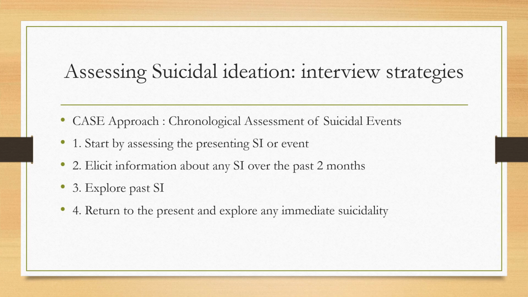Explore past suicidal ideation. And then return back to the present and explore any immediate suicidality. That is called the chronological assessment of suicidal events. So start by today, then ask about the last few months, the last 2 months, then ask about the past suicidal ideation, and then come back and address more on the current suicidality.